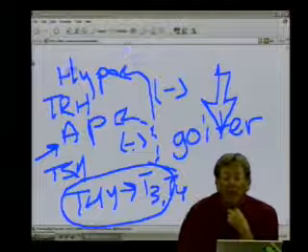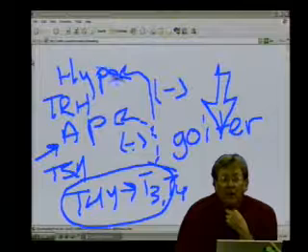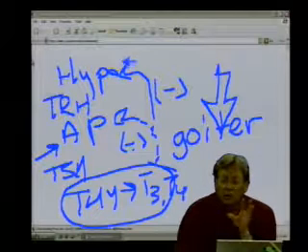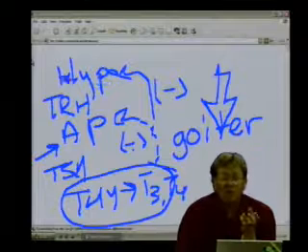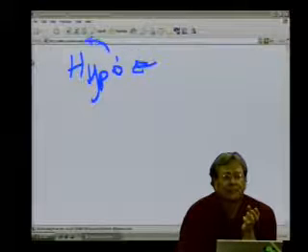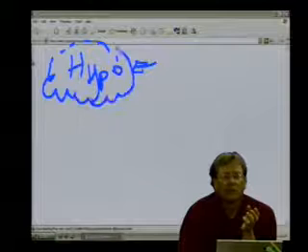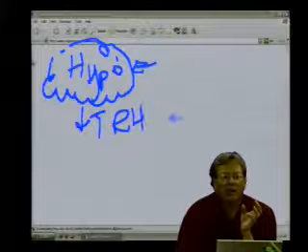What if the tumor is in the hypothalamus? If the hypothalamic cells are no longer regulating TRH, they just produce excessive amounts of TRH. So we'll start here with our hypothalamus. We'll say that this is the tumor cell. It's doing its thing and producing large amounts of TRH.